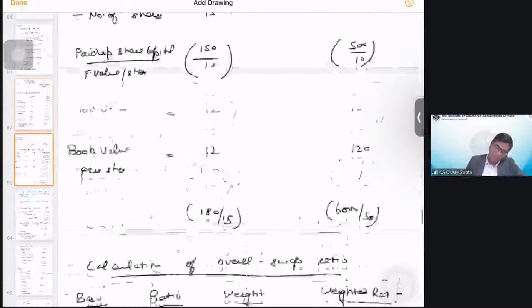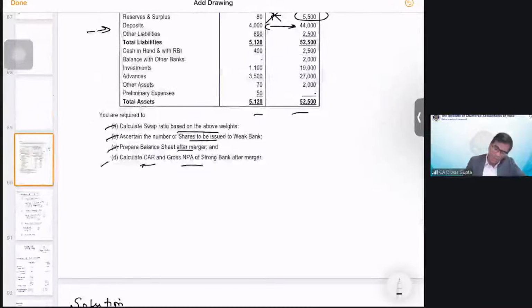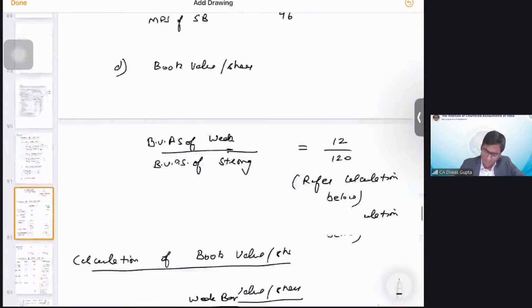Let's come to the last part of the question. Calculate the CAR and gross NPA of strong bank after merger.